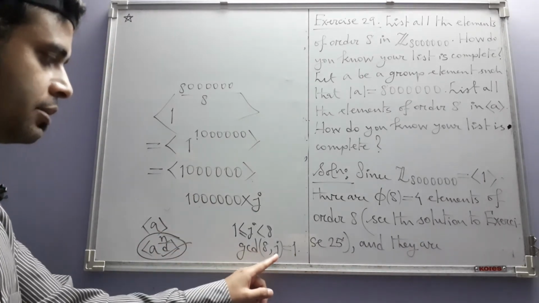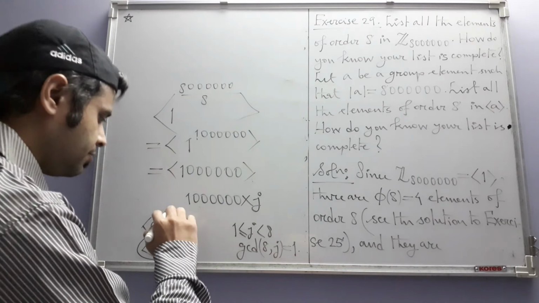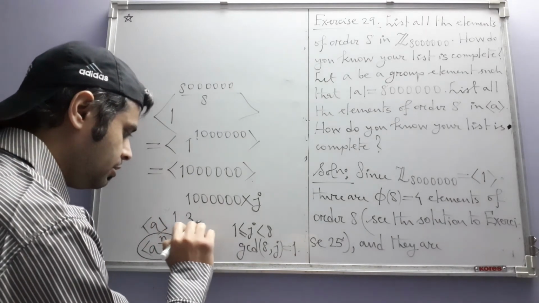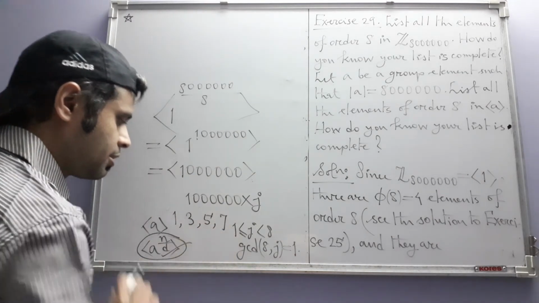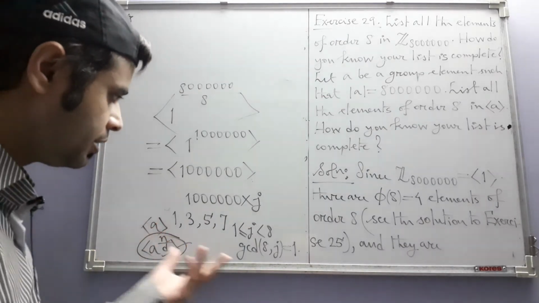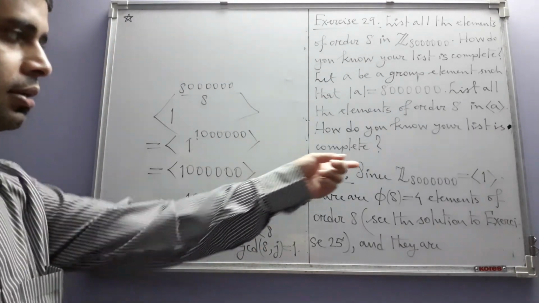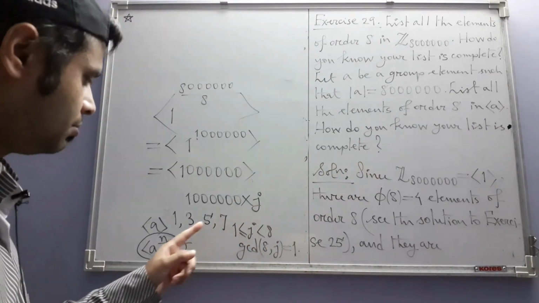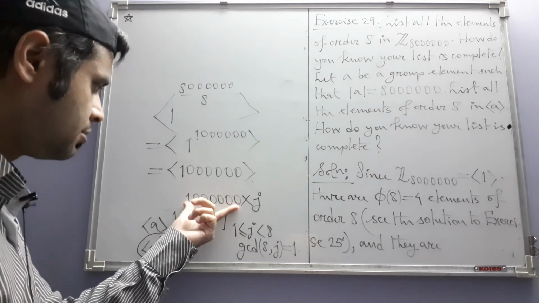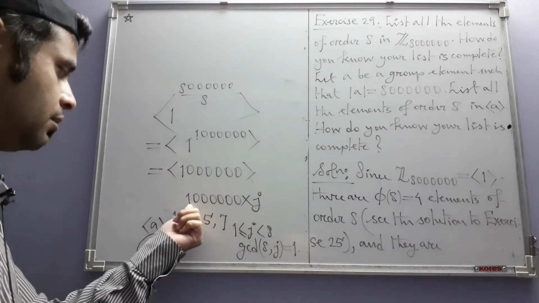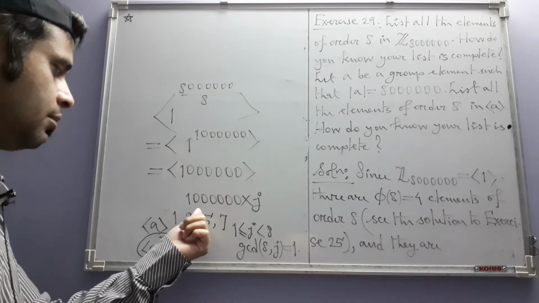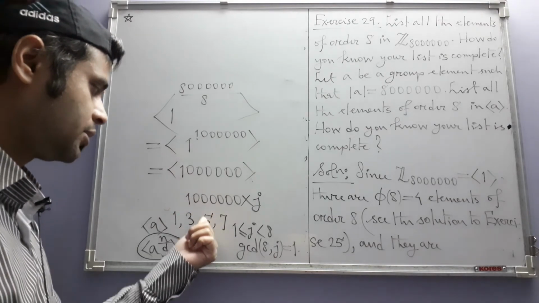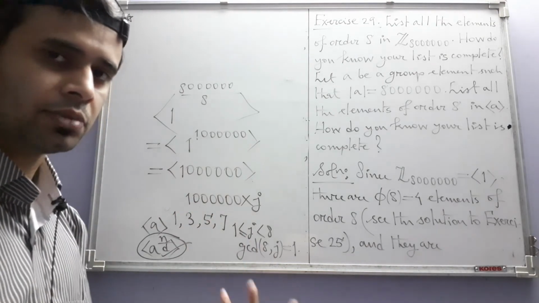And you know what these integers are: 1, 3, 5 and 7. So the corresponding elements of order 8 in this big modular group are this, then the one where in place of 1 you have 3, and then the one where the number starts with 5 and the one starting with 7.